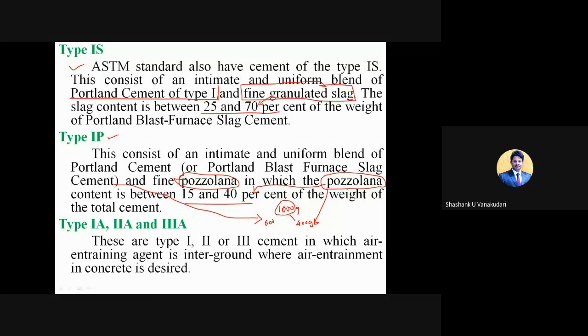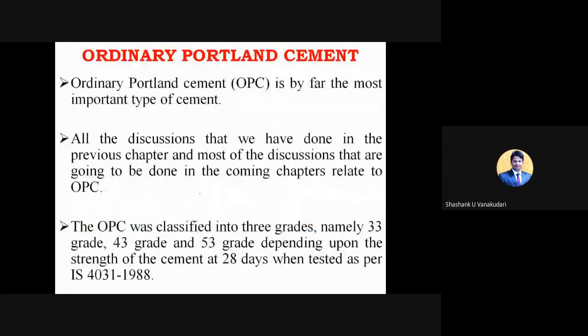Those gaps are helpful for freezing and thawing action, where temperature changes may occur. At that time it is going to absorb a certain amount of water, which helps to reduce the heat of hydration process. And now we'll start our own types of cements as per the Indian standards.